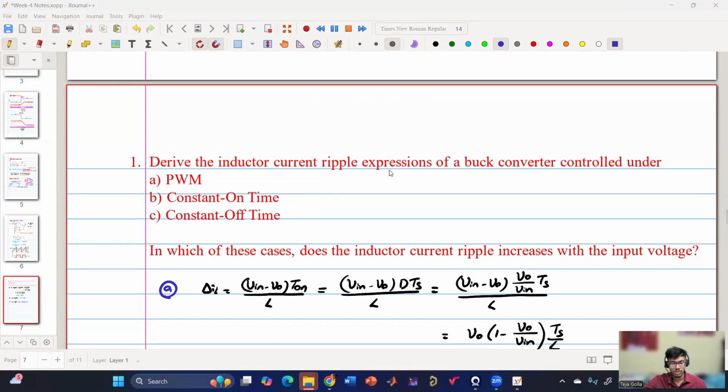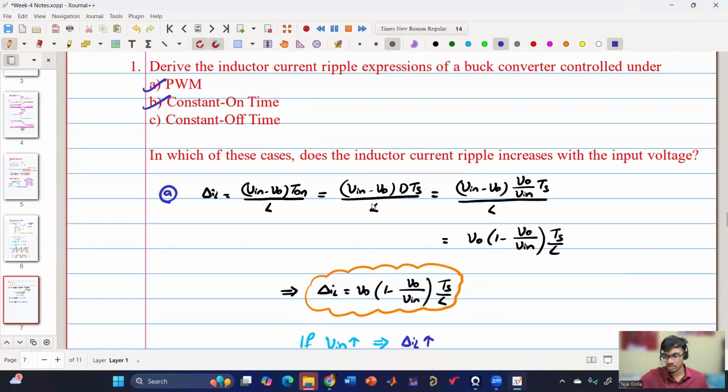A and B. So it is increasing in both A and B, whereas in the case of constant off time, it is independent of the input voltage. So is this question clear for everyone? Yes, sir.